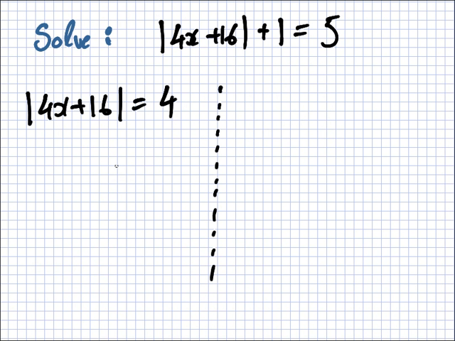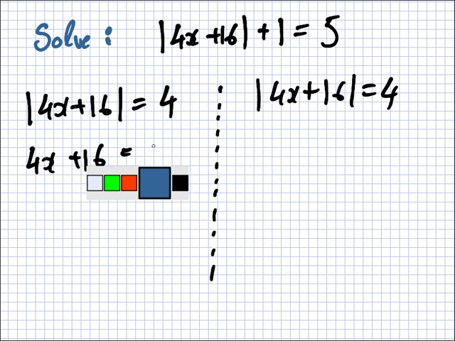4. And then two steps. 4x plus 16 equals 4, or minus 4. Two steps. Well, no, you can do it in one step.